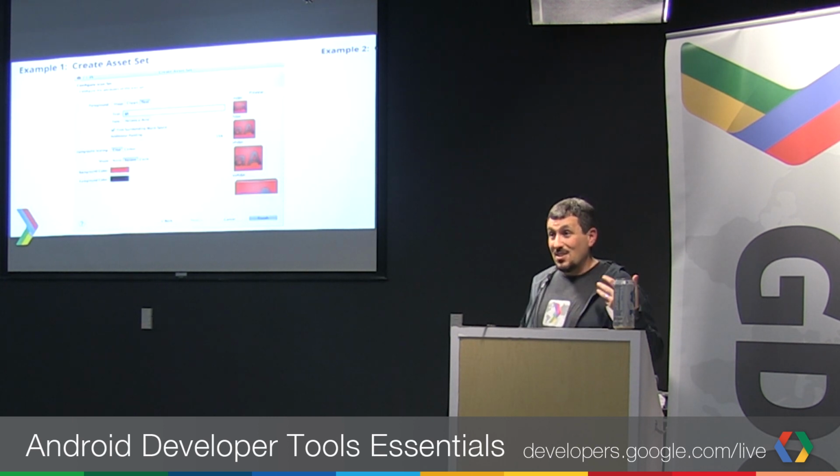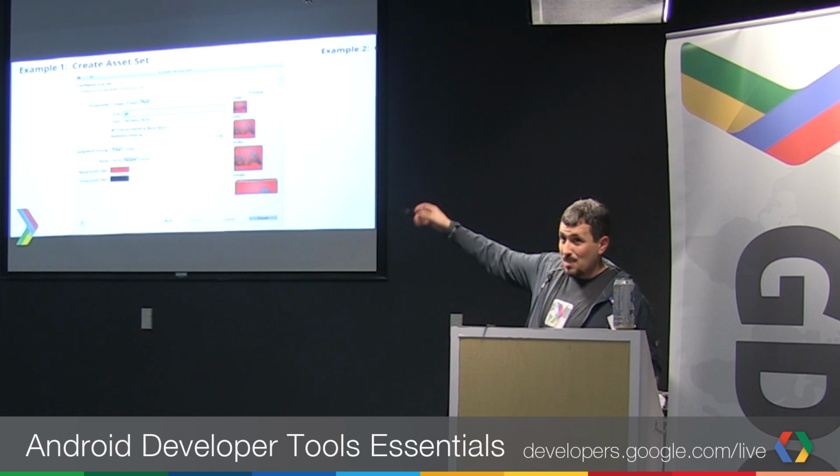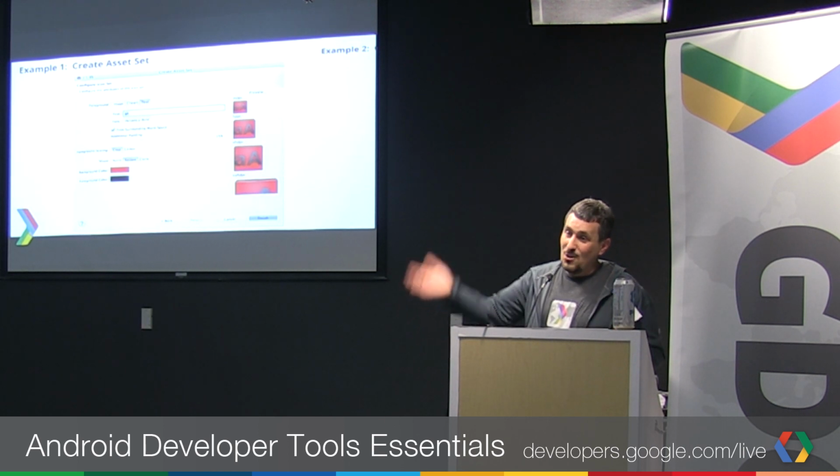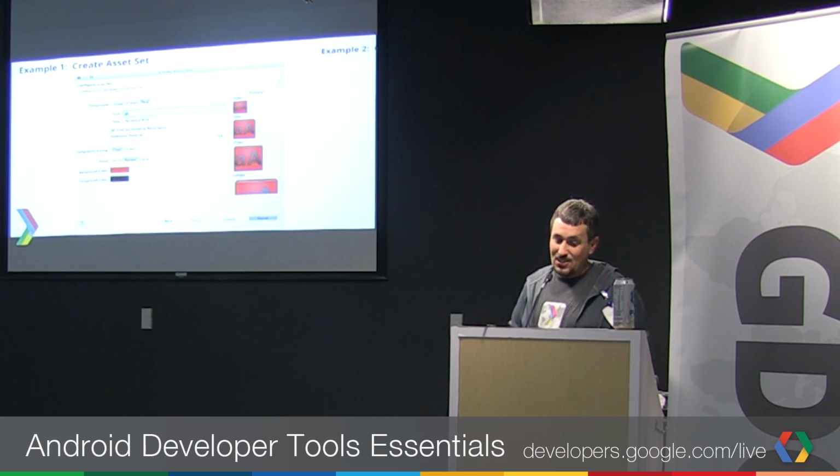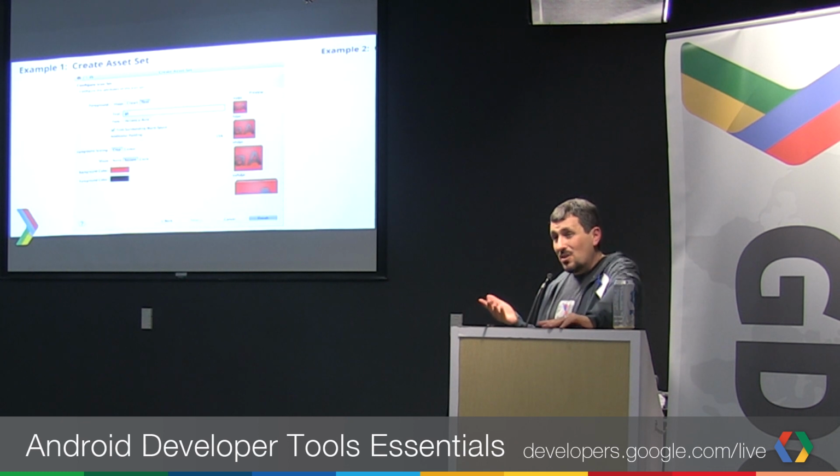So the best way to import images into your system, even if your designer has given it to you, is to bring up the image using the image option, and then allow Android Asset Studio to put that into your project for you. This saves a whole lot of time.